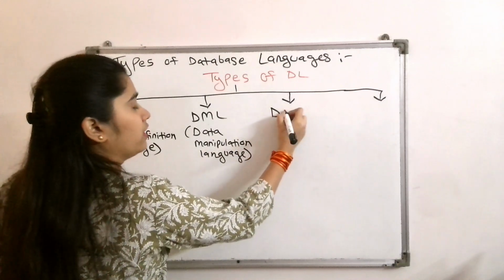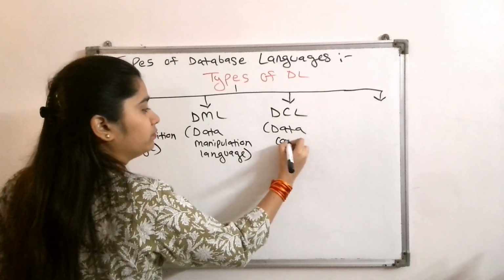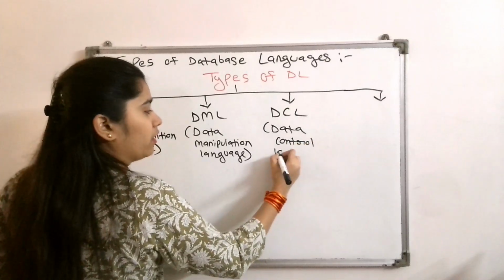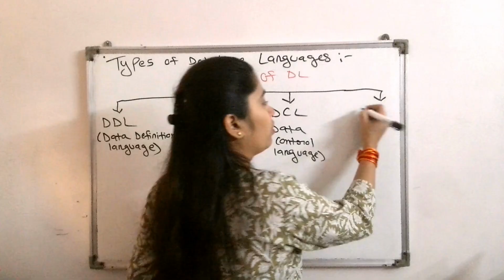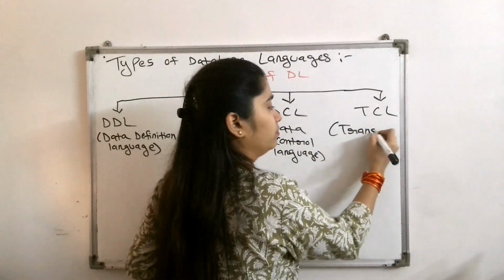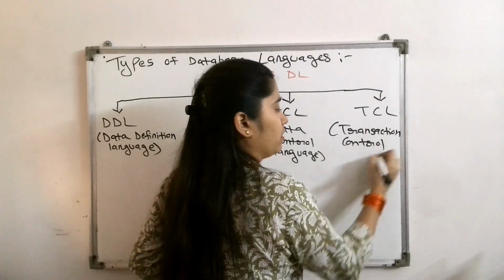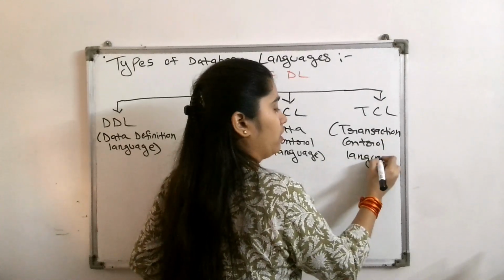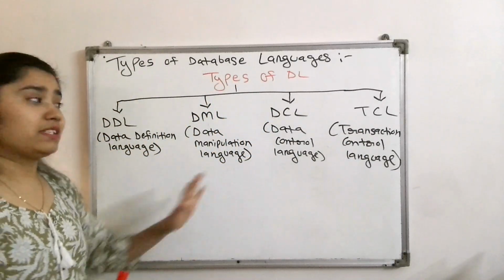Third is the DCL, that is data control language. And then the last and the fourth is the TCL, that is transaction control language. Okay, so these are the four types of database languages.